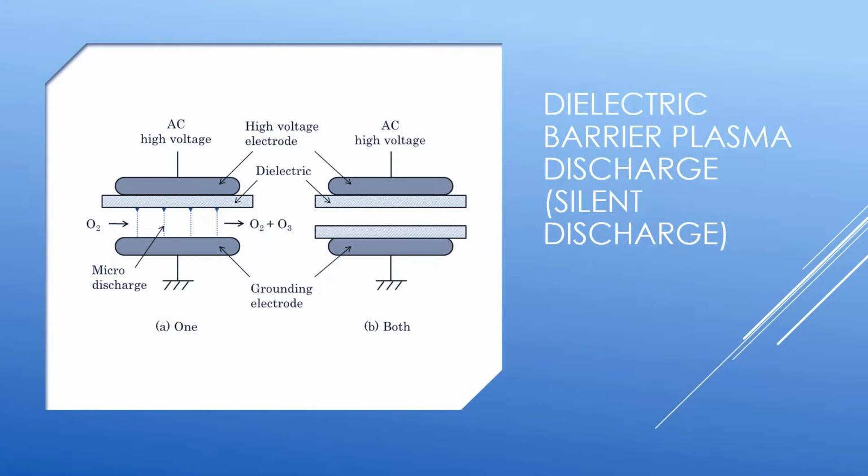A high AC voltage is applied to the grounding electrode and the high voltage electrode. And as the oxygen-fed gas passes through the space between the two electrodes, micro discharges occur. And these micro discharges cause the gas to form a plasma. And in this plasma, some of the oxygen is converted to ozone.